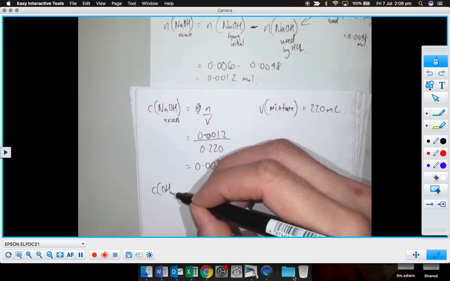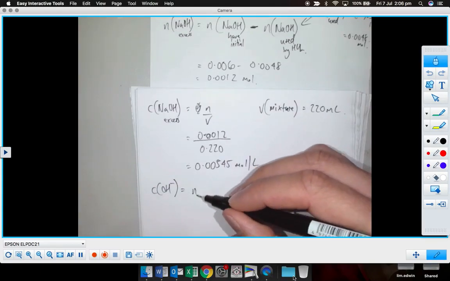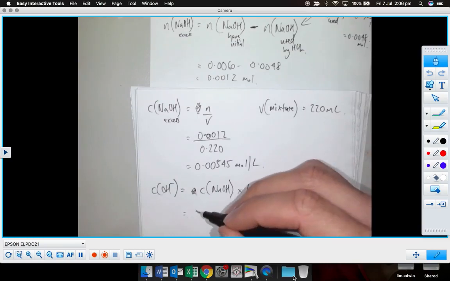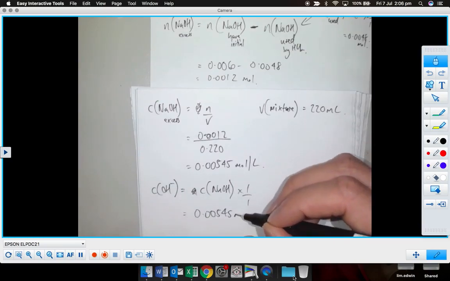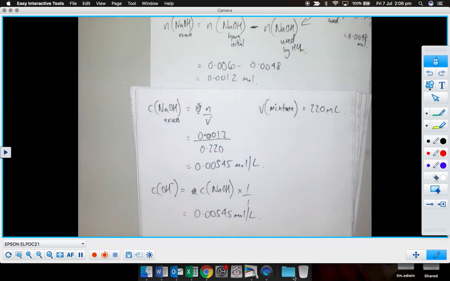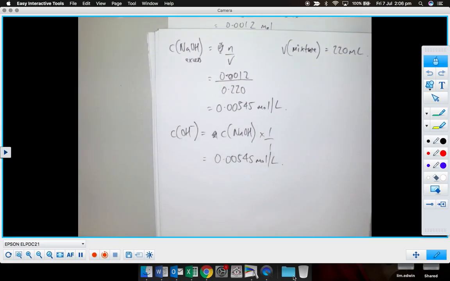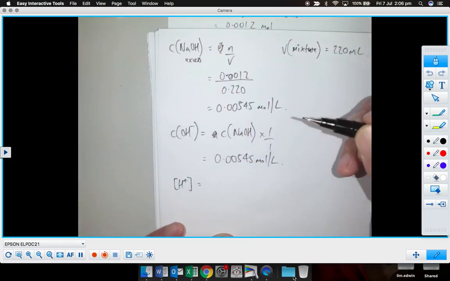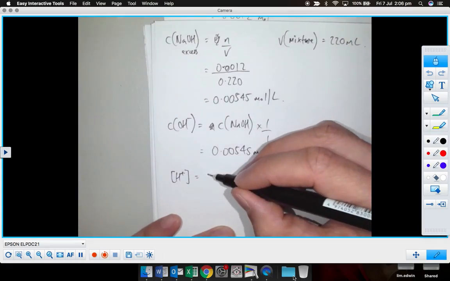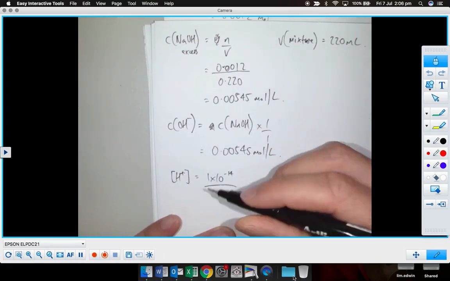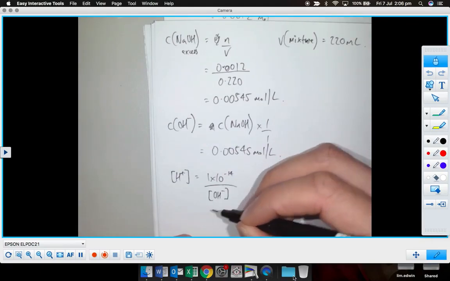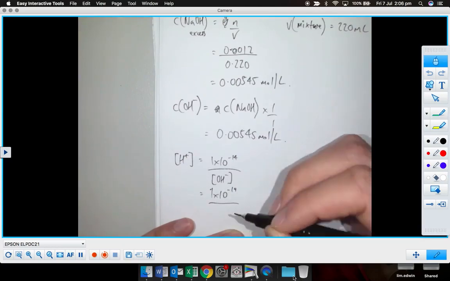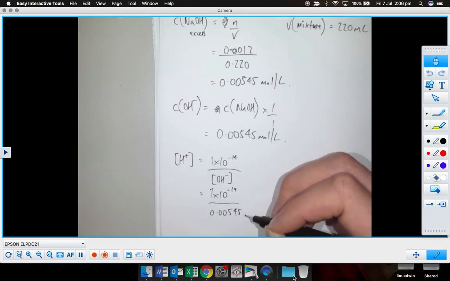What's the next step? I need to show that I understand the relationship between the OH minus and the substance. And even though I know it's the same, I better write it out. Then I'm going to work out the concentration of the H plus ions. How am I going to do that? Using the Kw equation. Concentration of H plus is 1 times 10 to the negative 14 over 0.00545.